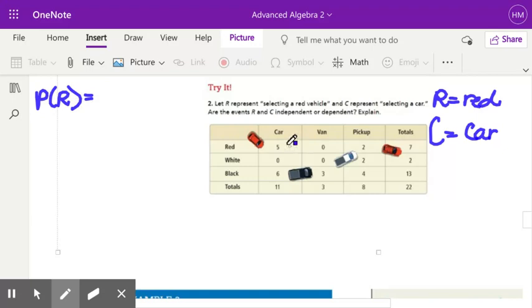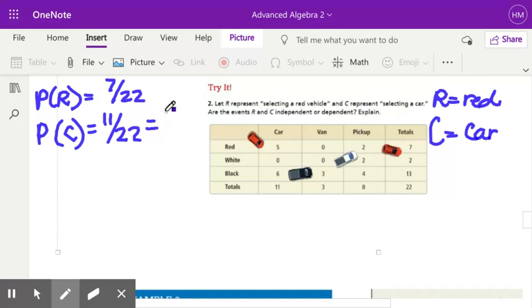The probability of R, red cars: there are 7 red vehicles out of 22. The probability of a car: there are 11 cars out of 22, which is a half.